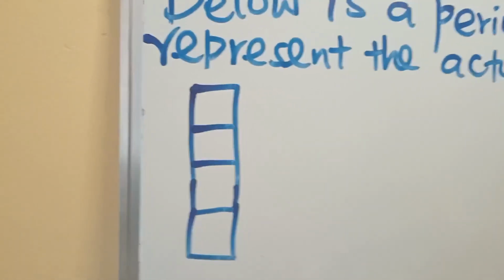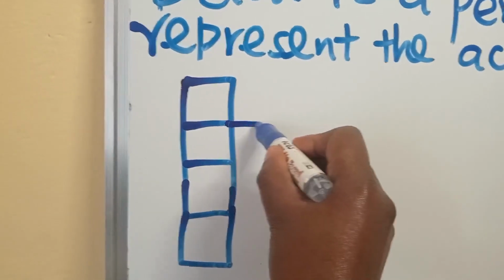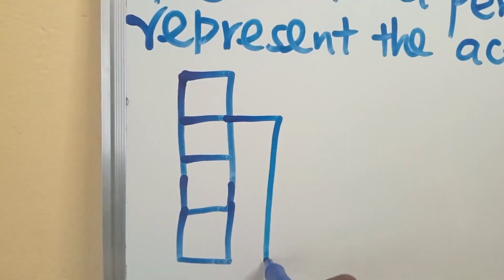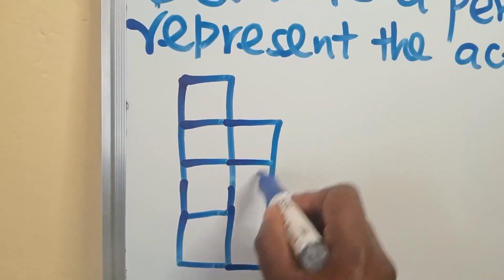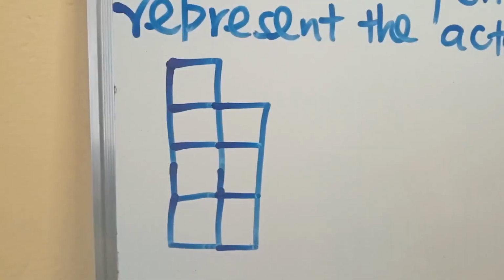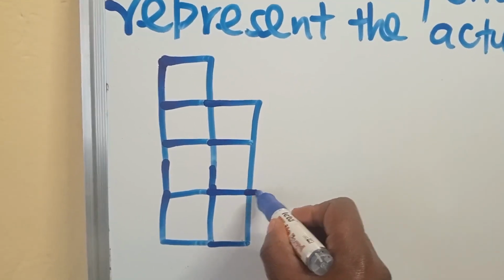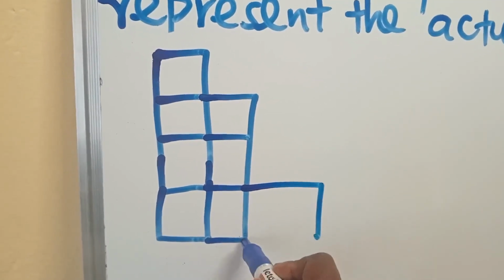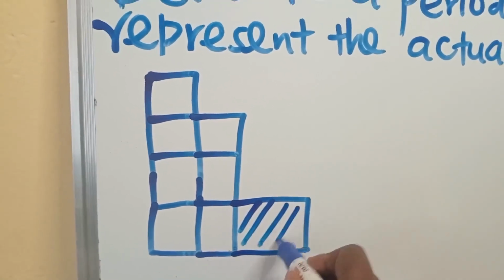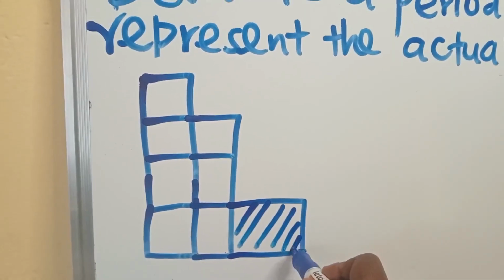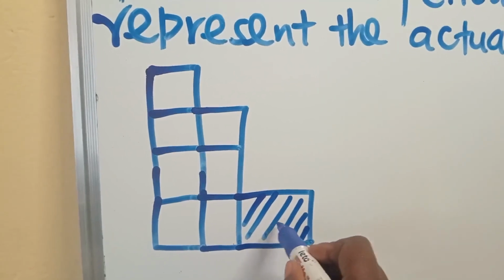Once you divide it into 4, then you come here, up here, then you extend one more time, then you divide it into 3, then you come down here, you extend it a bit, then you shade this part, that is the part that contains the transition elements.